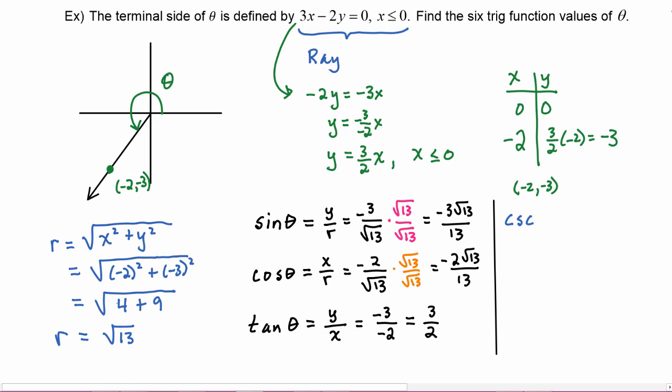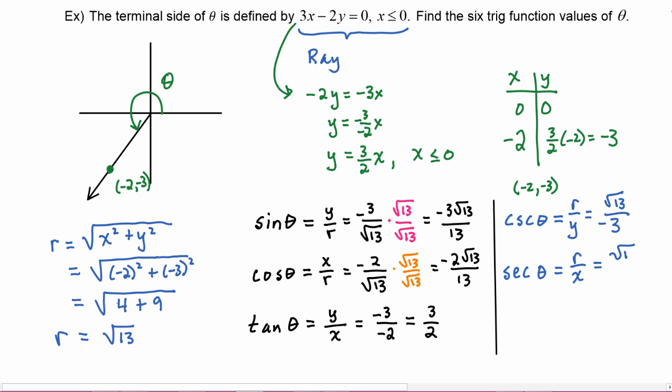Cosecant of theta we know is defined to be r over y. So r is radical 13 and our y value is negative 3. Secant of theta is defined to be r over x.